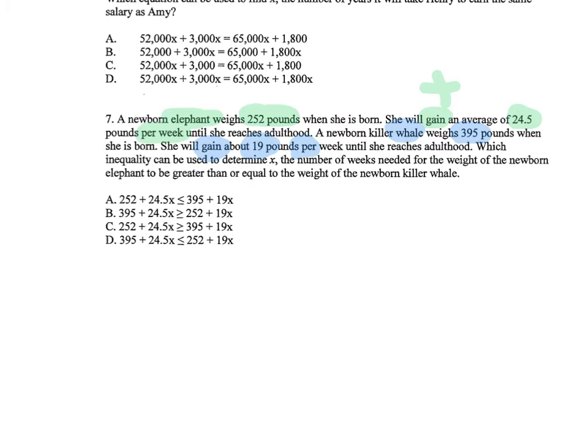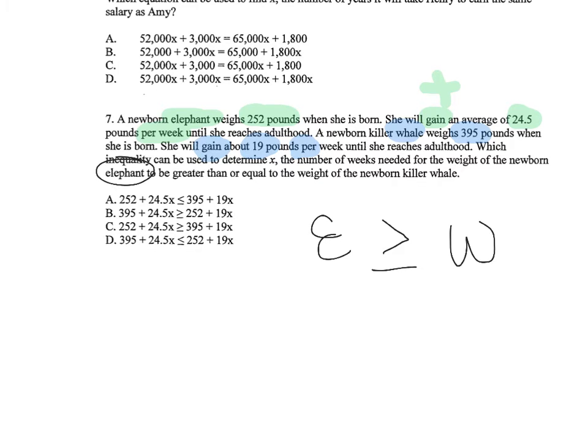So we want an inequality that will show the number of weeks needed for the weight of a newborn elephant, E, to be greater than or equal to the weight of a newborn killer whale.